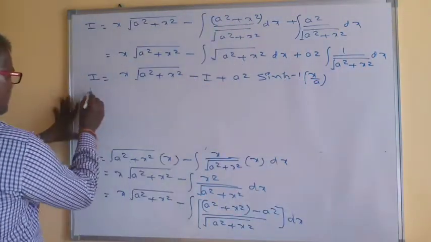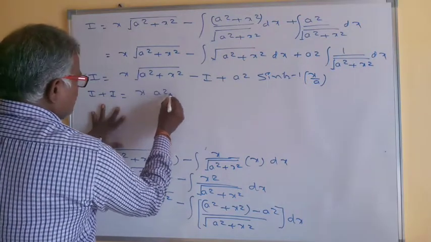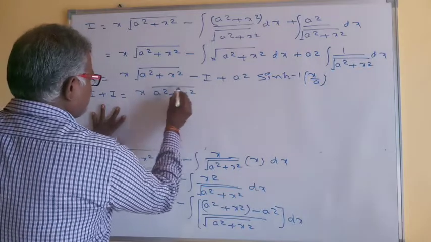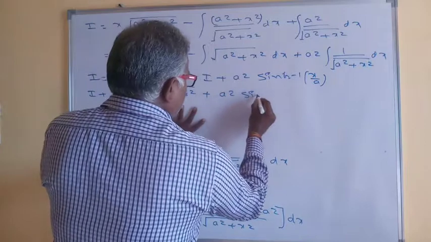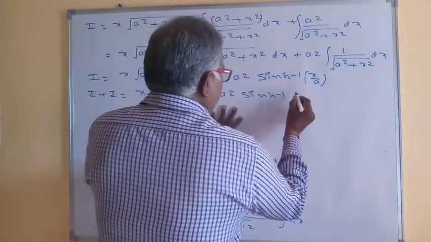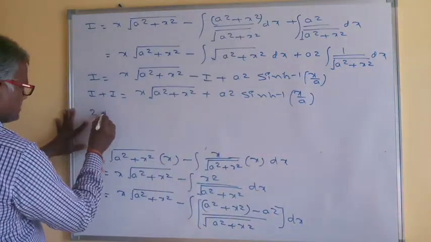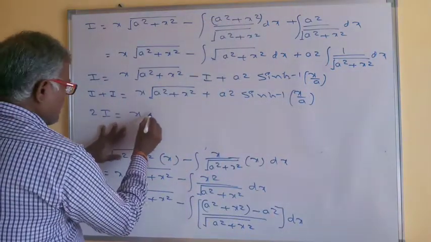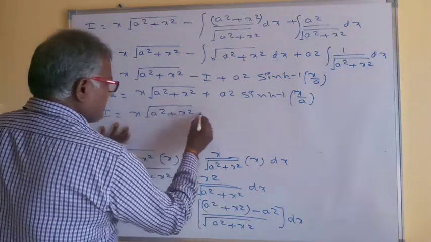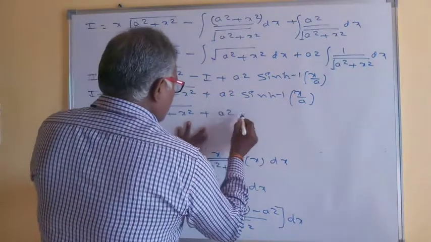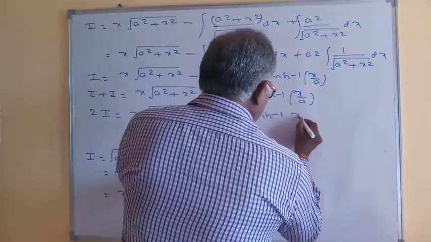Okay. So I plus I gives us x into root of a square plus x square plus a square into sin h inverse x by a. So 2I is equal to x into root of a square plus x square plus a square into sin h inverse x by a.